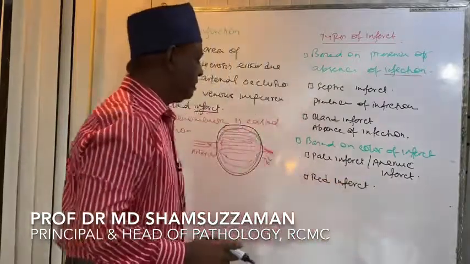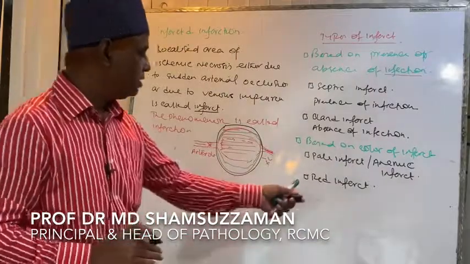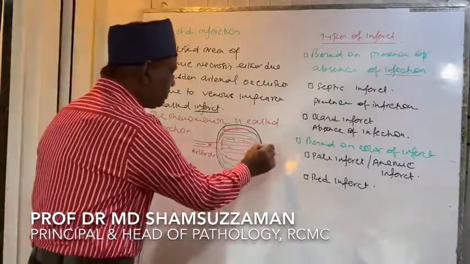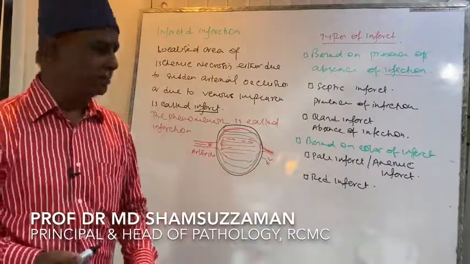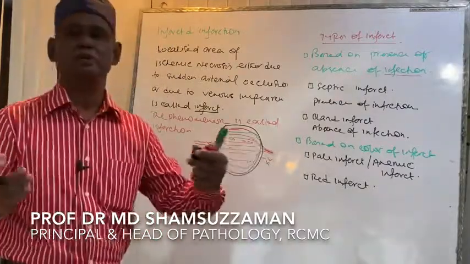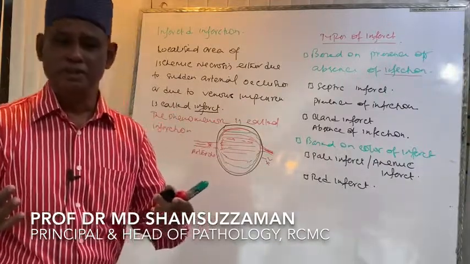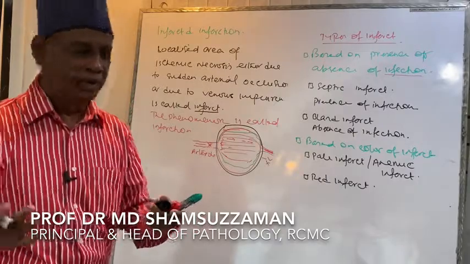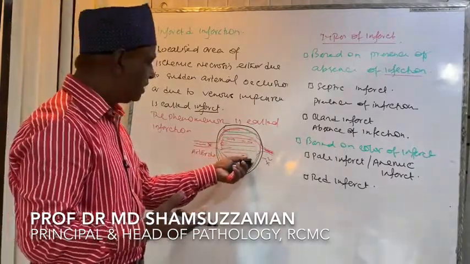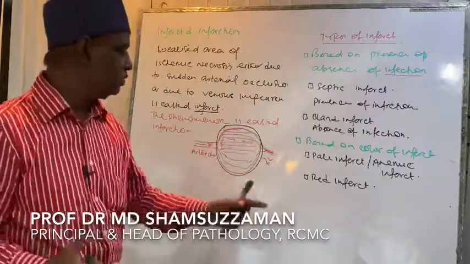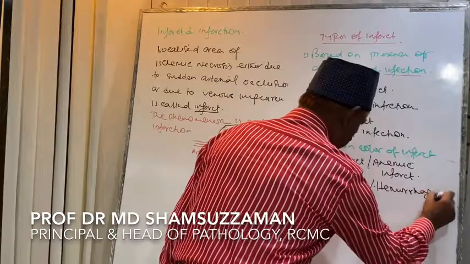Another is red infarct. The color of red infarct is red, and it is due to impairment of venous return. If there is impairment of venous return, the tissue contains blood, and that blood contains minimum oxygen, that is deoxygenated blood, and due to deoxygenated blood, the tissue undergoes necrosis, but the tissue contains blood.